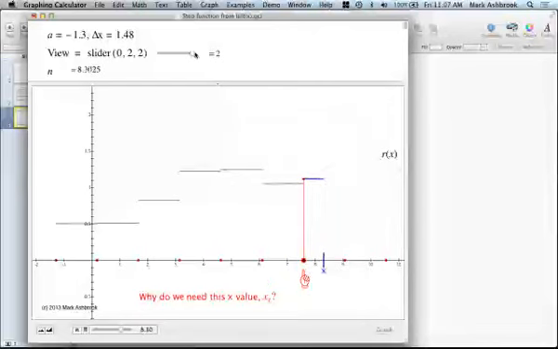Keep talking. Same question. Why do we need this value of x? We're calling it xl, the red point at the left. Keep going.